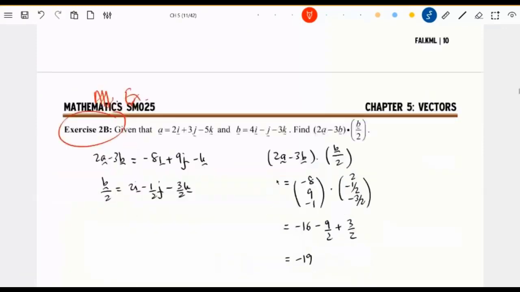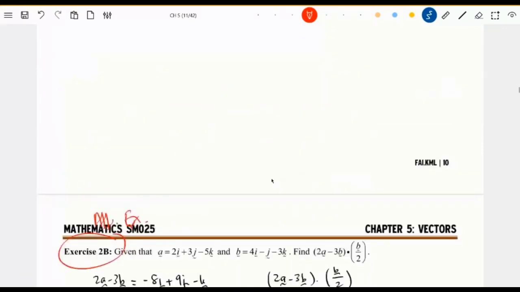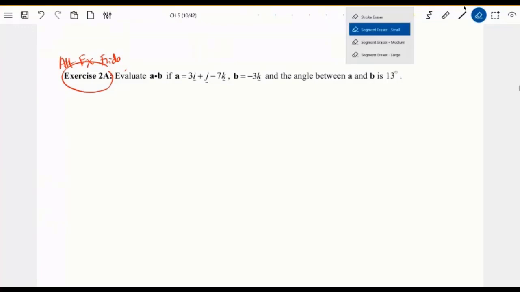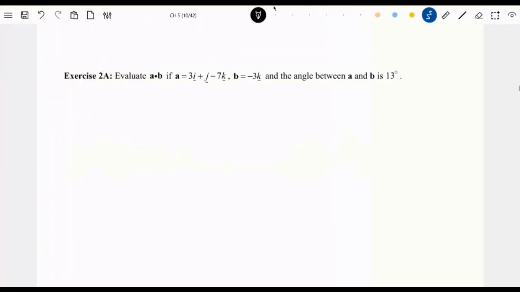Okay, so we go back to the previous question. This one gives the angle. So what should we do? How do we do it? Find magnitude A and magnitude B first, and then we substitute theta. Okay, good. So magnitude A is the square root of 9, 1 plus negative 7 squared. How much do we get?